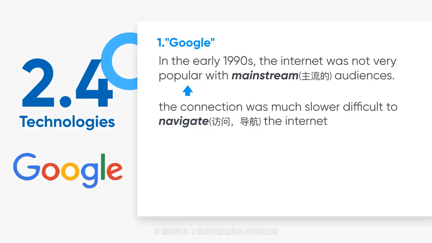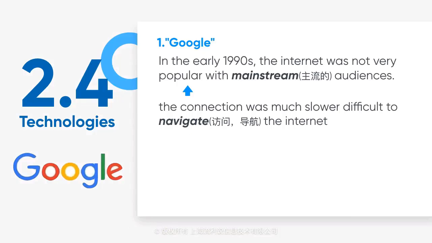Apart from novels, radio, and television, evolving technologies have coined many new words as well. For example, Google it. In the early 1990s, the internet was not very popular with mainstream audiences.